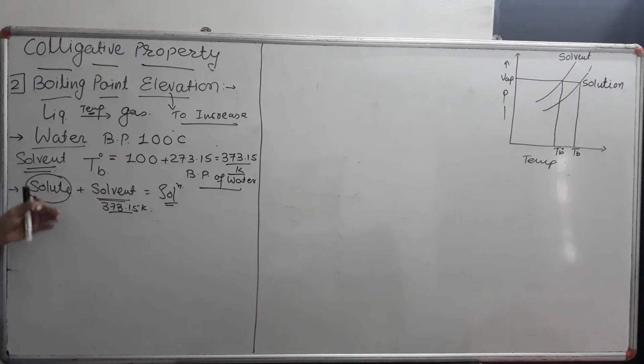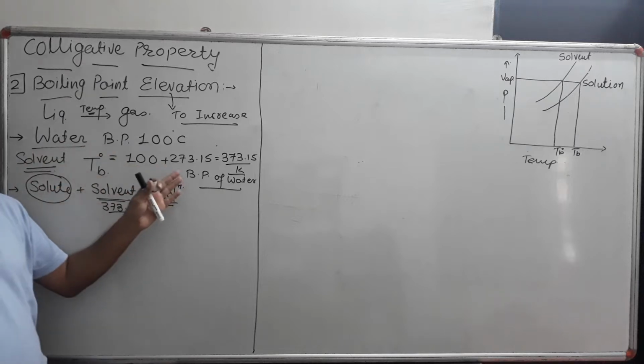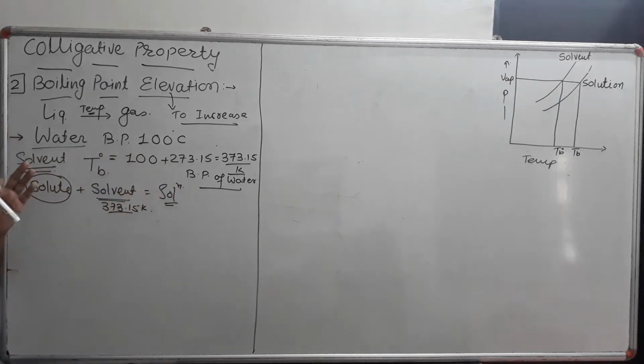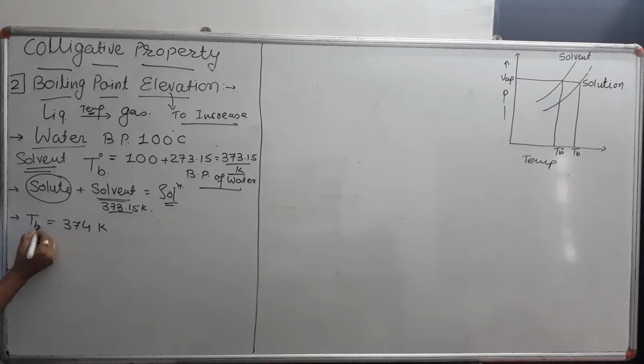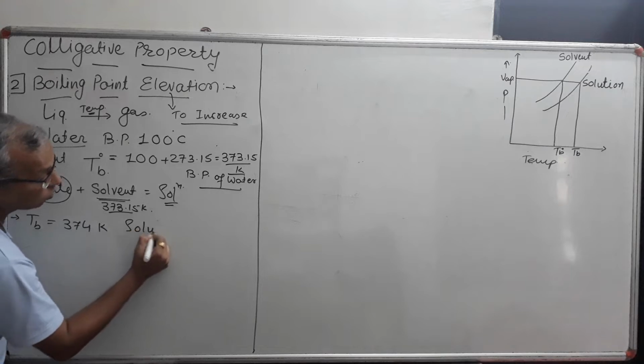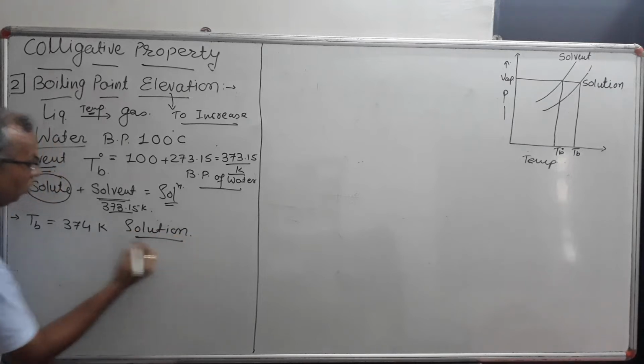That's why the temperature required for boiling of the solution will be increased. Suppose this temperature is increased to 374 Kelvin, for example only, then that is said to be the boiling point of this solution.